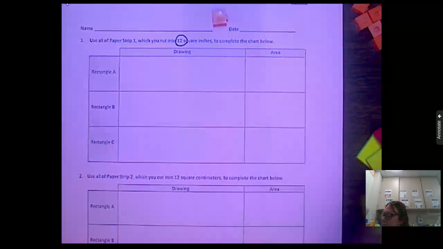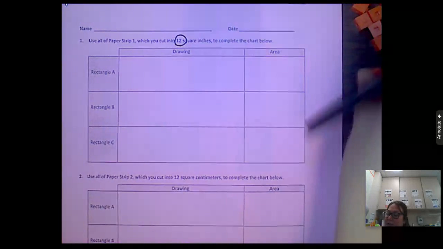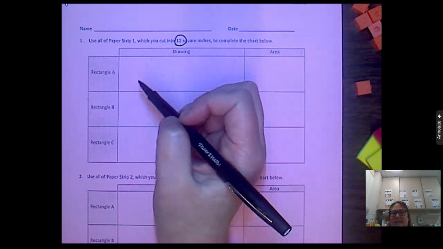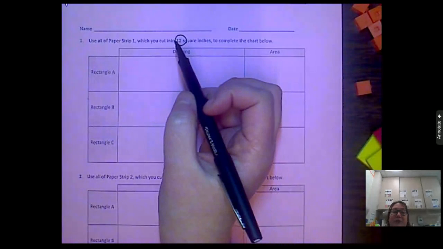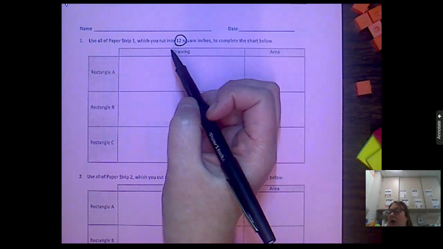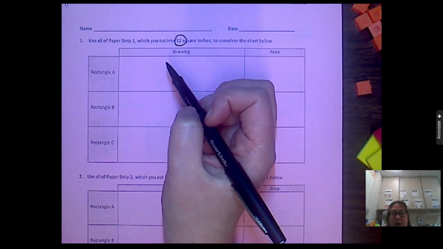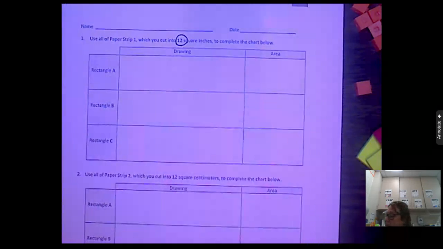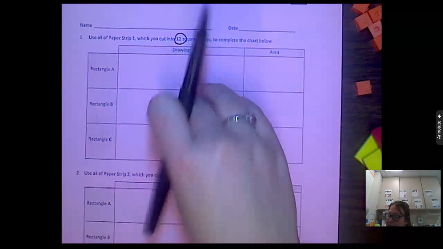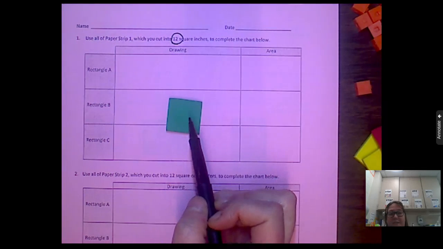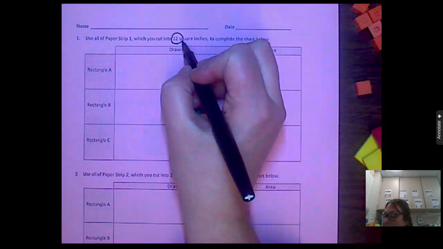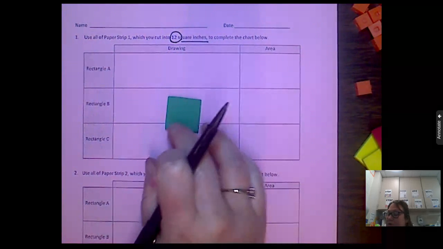All right. So if we look at the directions, it says use all of paper strip 1. So we're not using a paper strip per se. We're using, like I said, your 12, you're going to cut out and get 12 of the tiles, okay? Or for my friends that have these, you need 12 of these, okay? And the first one says square inch tiles. So these are going to be your bigger ones.